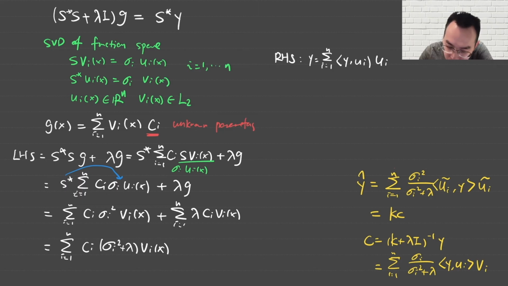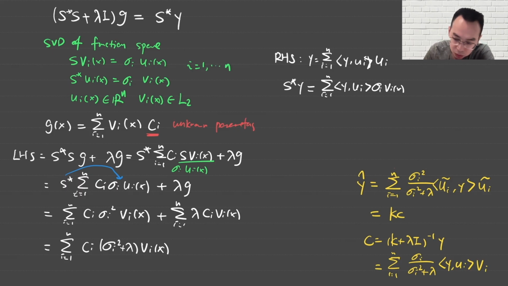And then we can apply S star on y. That's going to give us the summation of the dot product of y and ui, and then we have S star act on ui, which gives us sigma i vi of x. Now we can make these two equal to each other.